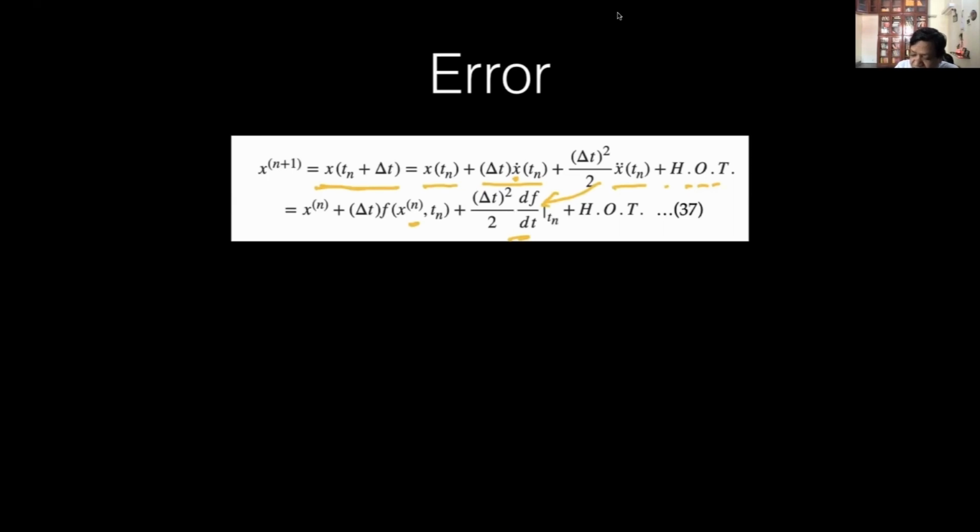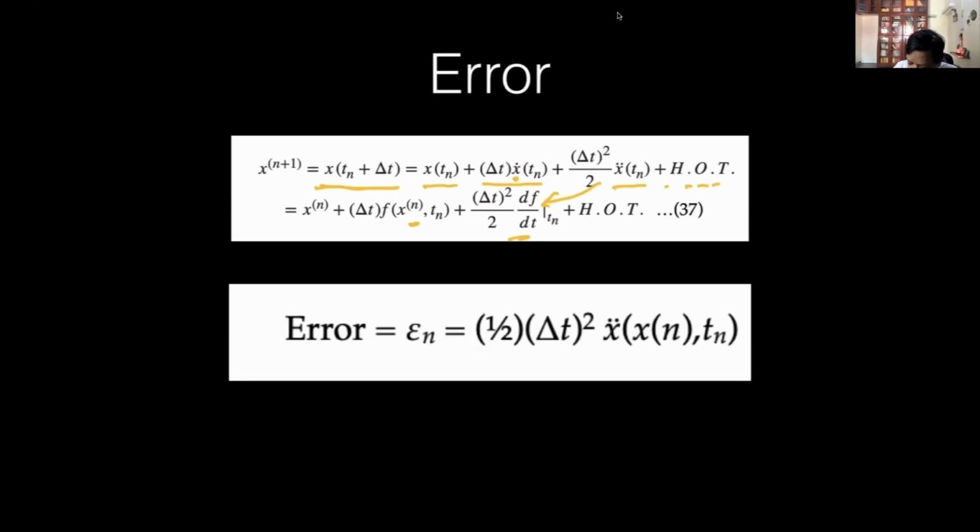So, what is the forward scheme? Euler forward scheme? Euler forward scheme is only this. Correct? Euler forward scheme ignores this part and higher order terms. Okay, x n plus 1 is x n plus delta t f(xn, tn).